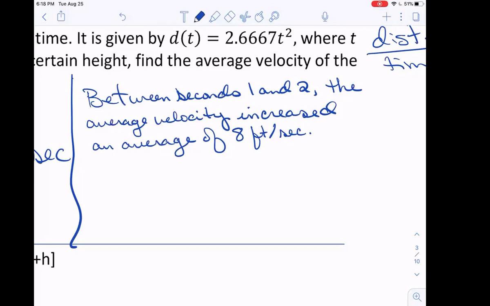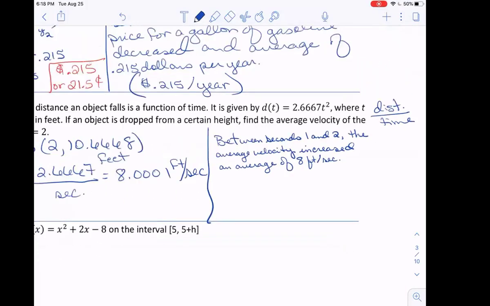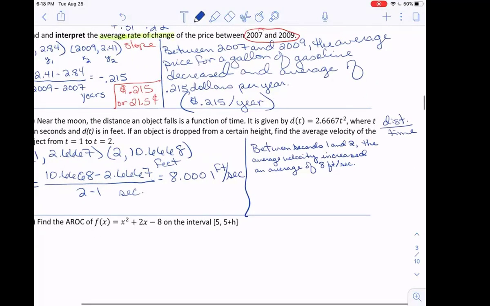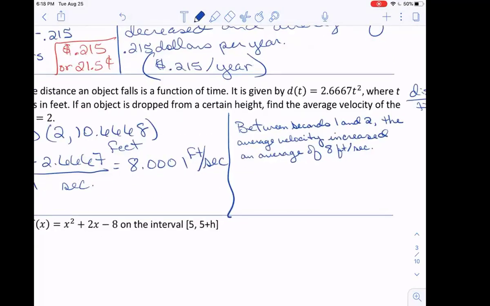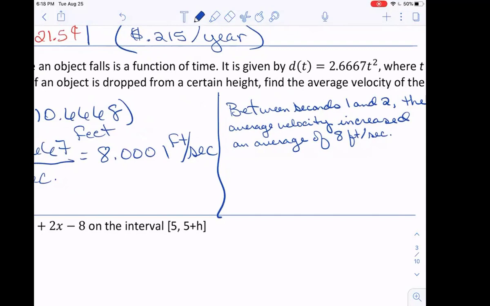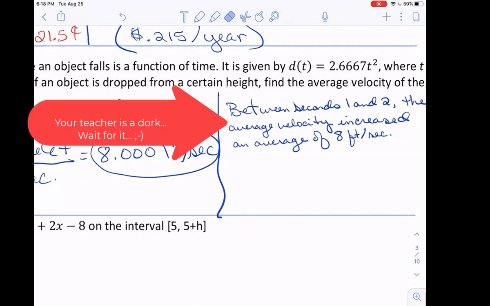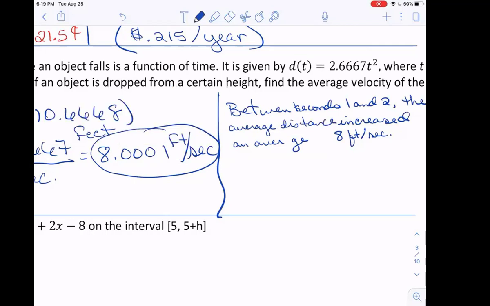Oh, wait. Sorry. This is the average velocity. The average velocity is 8 feet per second. It was the average distance that increased an average of 8 feet per second.